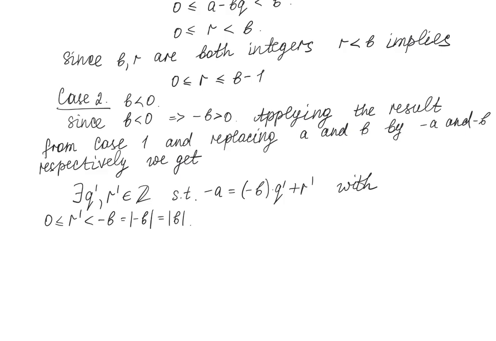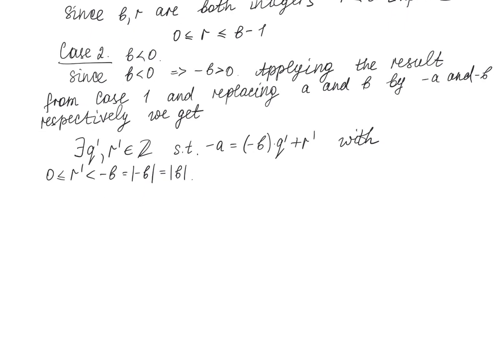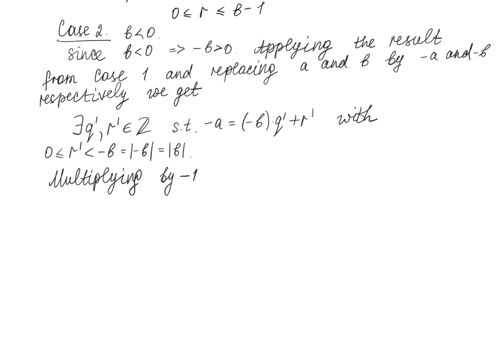Now multiplying both sides of the last equality by minus 1, we get a equals b multiplied by q prime plus minus r prime.